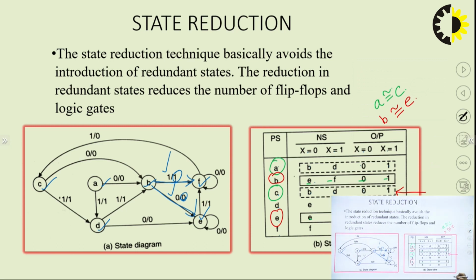And second I will remove this one. So I have fixed which rows I should remove from the state table. While removing, I should be very clear that I have to replace C with A and E with B. Okay.